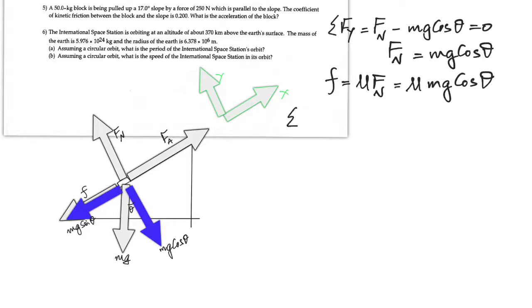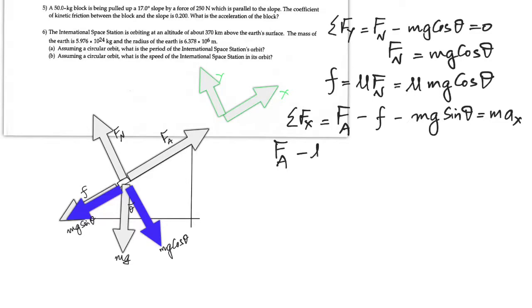And then now we take the net force along the x-axis. We have Fa minus both of these, which is minus friction minus mg sine theta, should be equal to, by Newton's second law, mass times acceleration along the x. So once again, friction is mu times Fn, but we got friction as mu mg cosine theta.